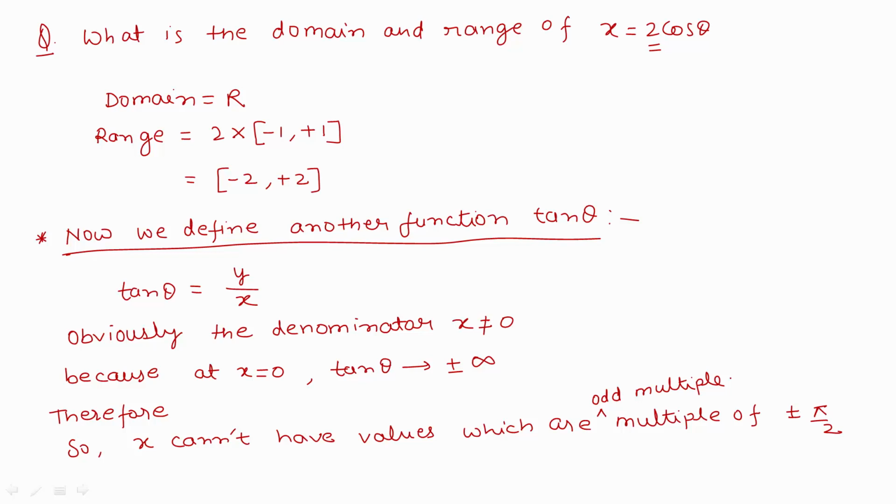Thus, the domain of tan theta is equal to the entire set of real numbers minus x, where x is equal to (2n plus 1), the sign of odd multiple, pi by 2, where n belongs to Z. So this is what we are not allowed to have for values of x.